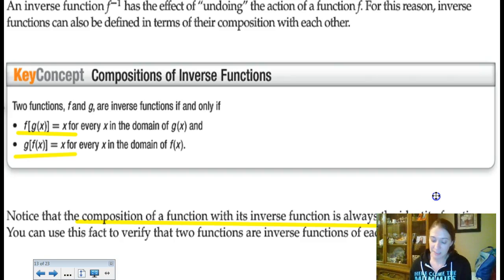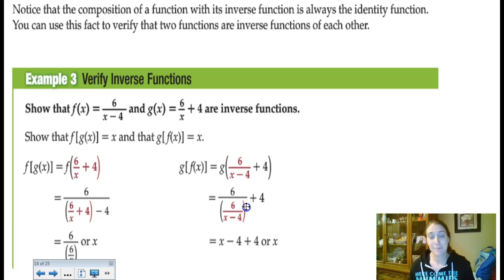The idea is, if you compose one function into another function, and they happen to be inverses of each other, they're going to undo each other. What does that look like? Remember composition from the last section? If you do f of g of x, also known as f circle g, and you simplify the heck out of it, you're going to get equals x.